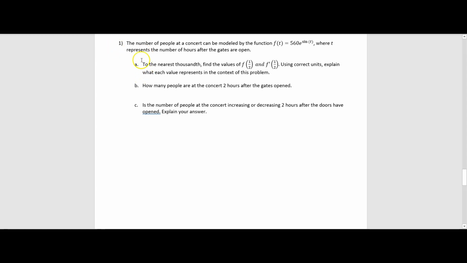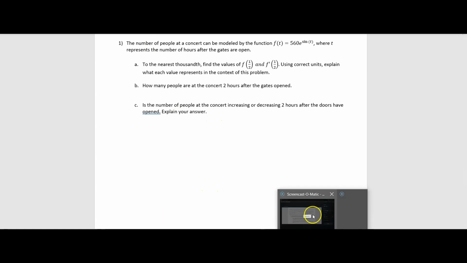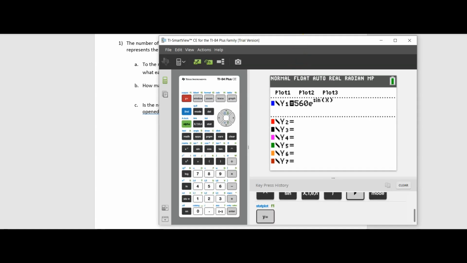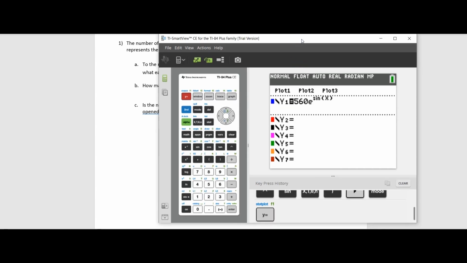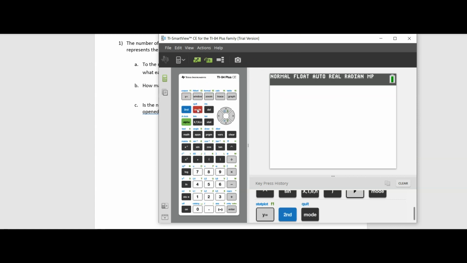So I'm going to pull up my graphing calculator for us. All right, so here's our graphing calculator. I've already entered the function into y1, so now we can just use it. So I'm going to go back to the main screen. And we need to find f of 1/2 or f of 0.5.